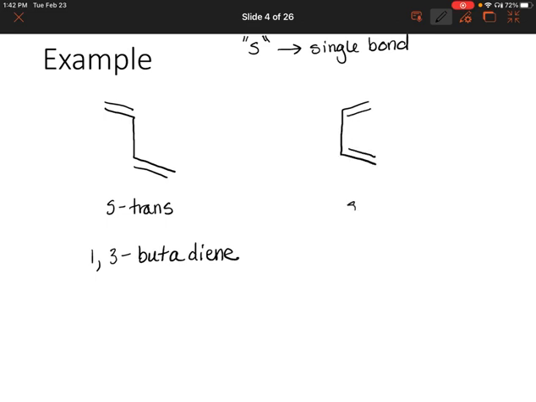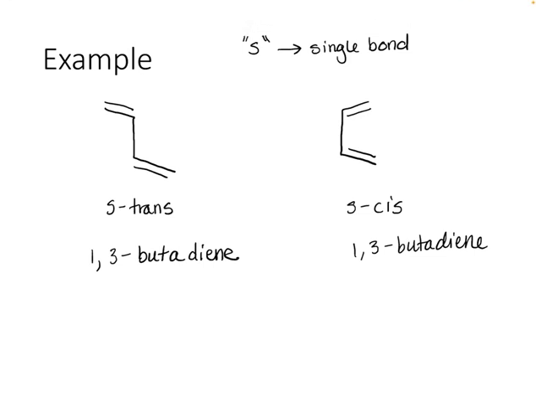So this would be the S-cis version of 1,3-butadiene. Again, we're looking at that single bond, and the double bonds are pointing in the same direction. Okay, now, any guesses on which one is more stable?